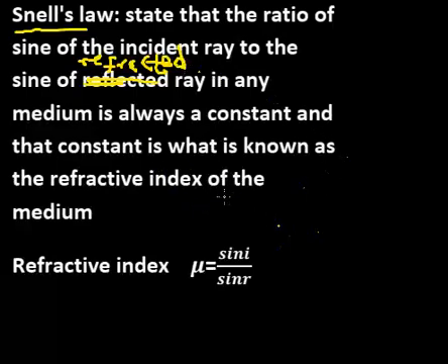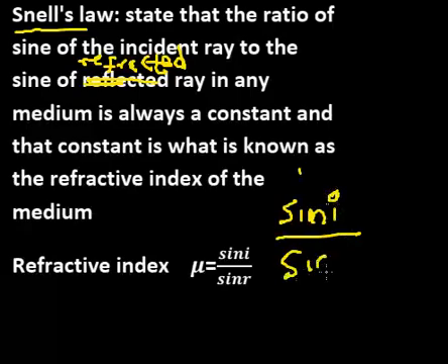So according to Snell's law, the ratio of sine of incident, sine I, divided by sine R, incident and refraction, is always constant, and that constant is given the name refractive index.